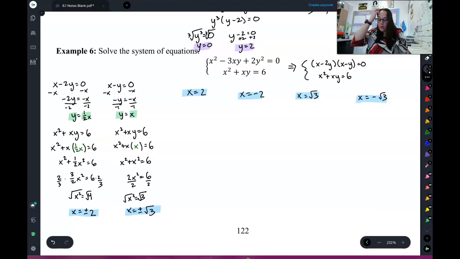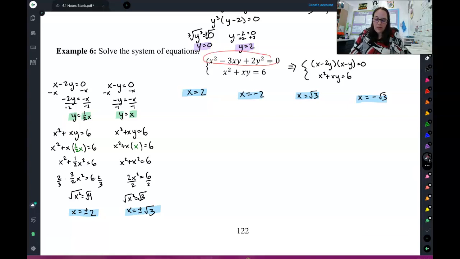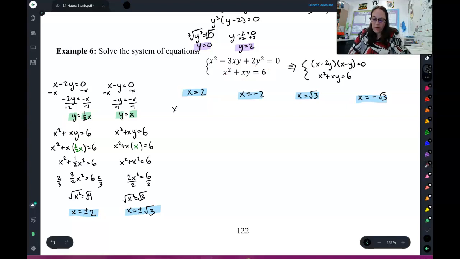So now what I'll do is plug those into either starting equation to solve for y. I can plug these into this one, or I can plug these into this one and solve for y. There's definitely one that's easier. It is a lot easier to plug them into that one and solve for y. So that's what I'm going to do.